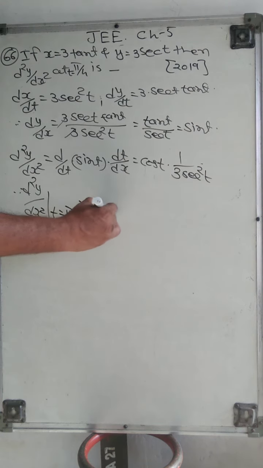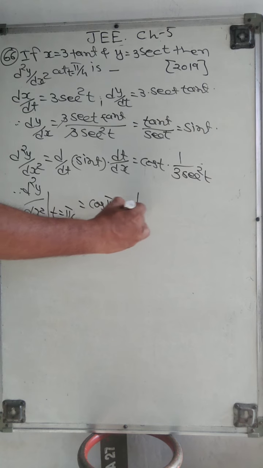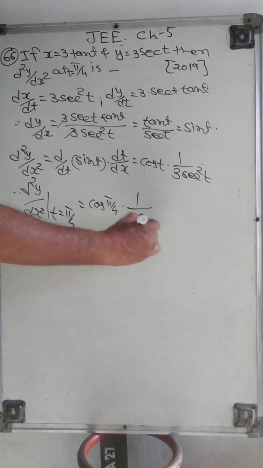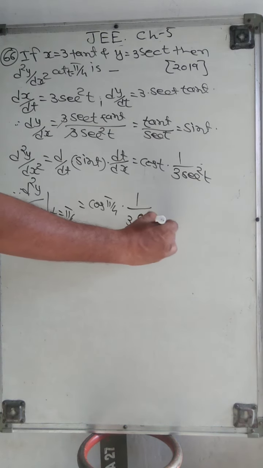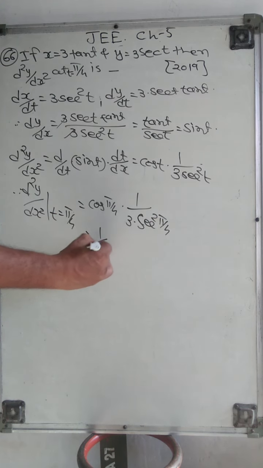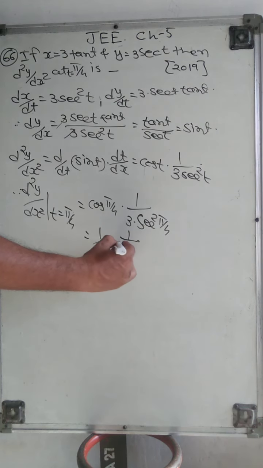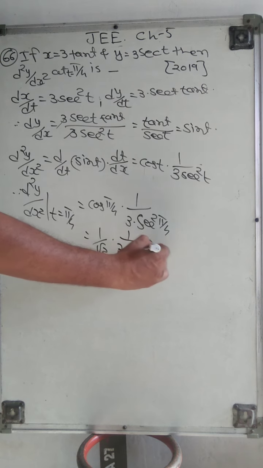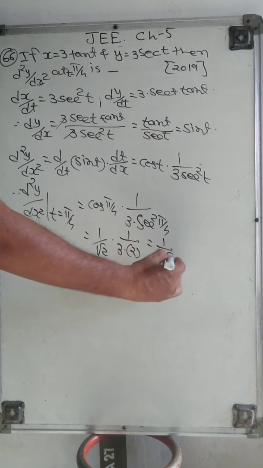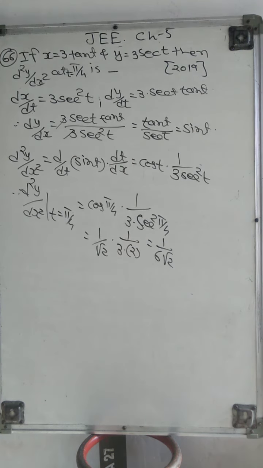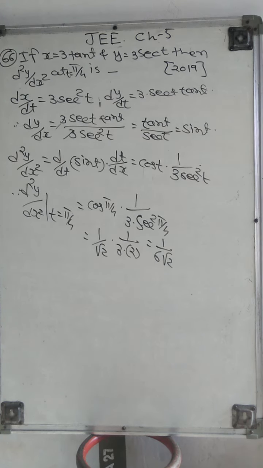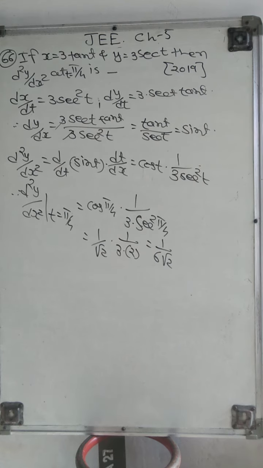So it is cos pi by 4 into 1 upon 3 sec square pi by 4. So this is 1 upon root 2 into 1 by 3 and 2. It is 1 upon 6 root 2. So the answer of this term is 1 upon 6 root 2. Right? So this way we completed this 66. Now we go for the 67.